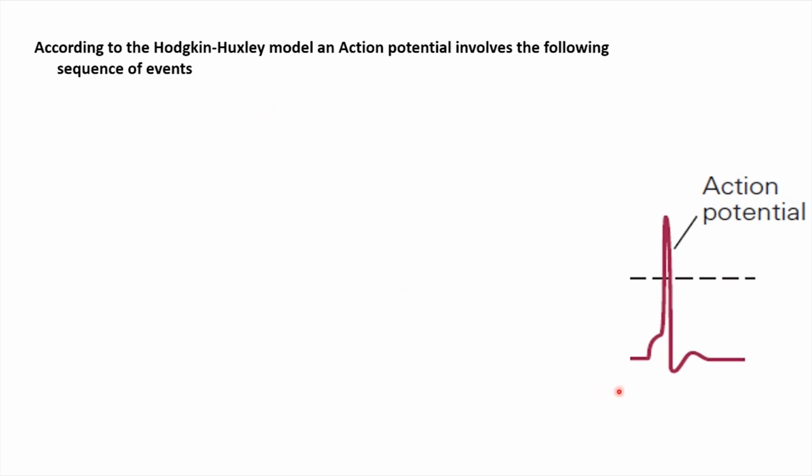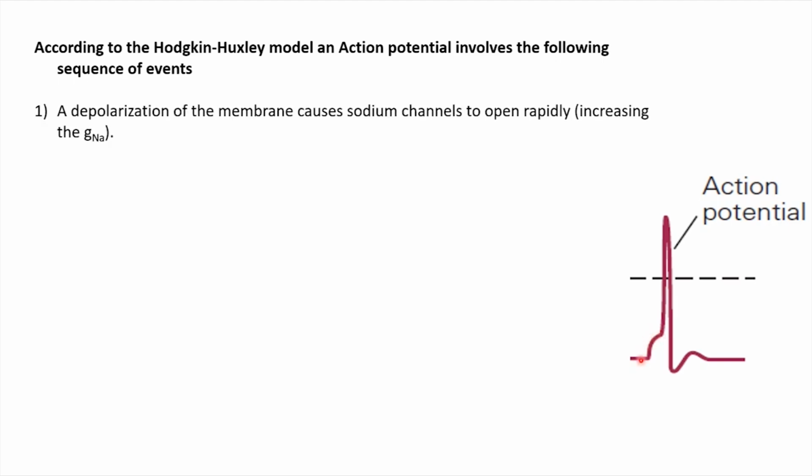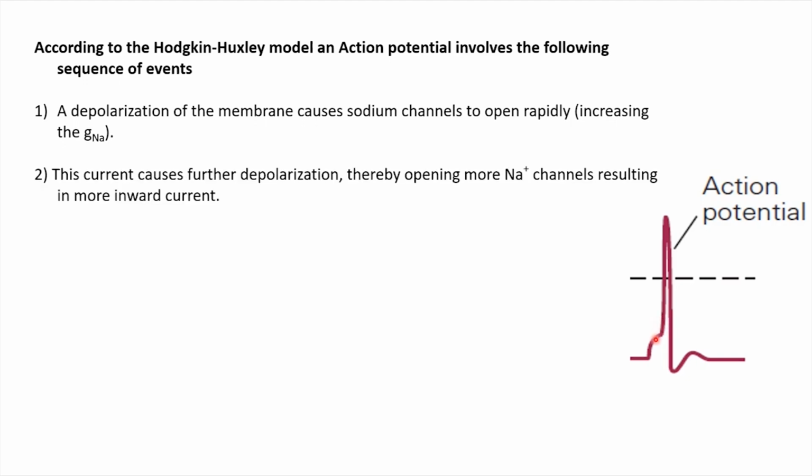In the beginning, if we give a sufficiently large depolarization to the neuron, then that causes some sodium channels to open. The voltage gated sodium channels open quickly, and that opening causes some sodium current to flow into the neuron. And as the sodium current flows in, it makes the membrane potential more positive, and that causes further opening of the sodium channels.